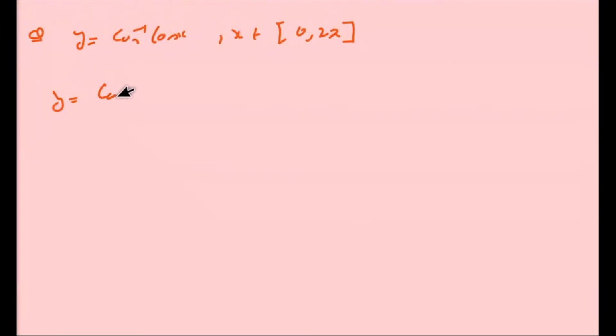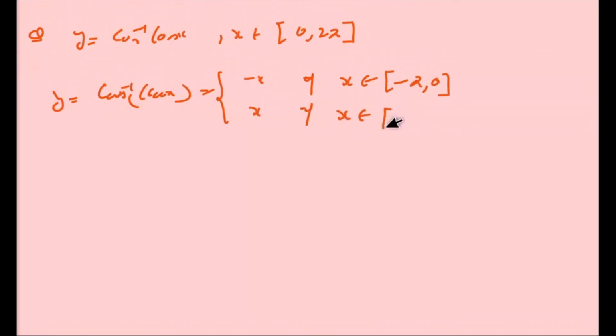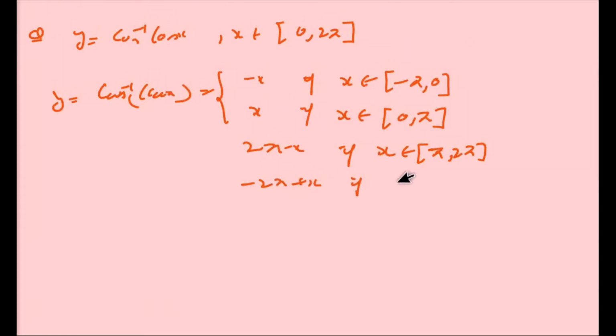Cos inverse cos x equal to minus x if x belongs to minus pi to 0, x if x belongs to 0 to pi, 2 pi minus x if x belongs to pi to 2 pi, and it is minus 2 pi plus x if x belongs to 2 pi to 3 pi, and so on.